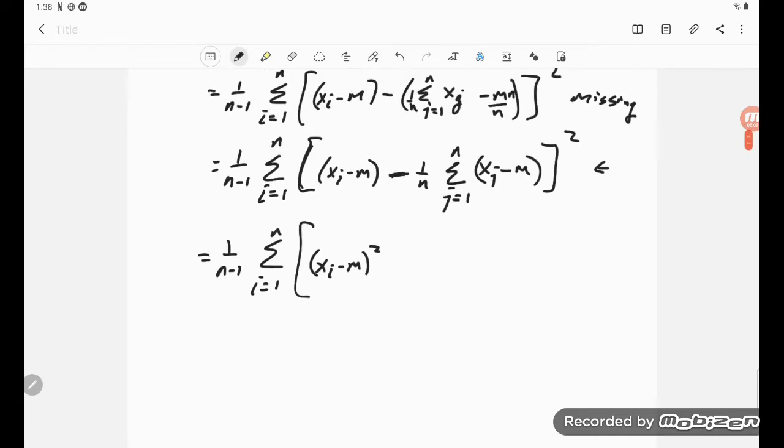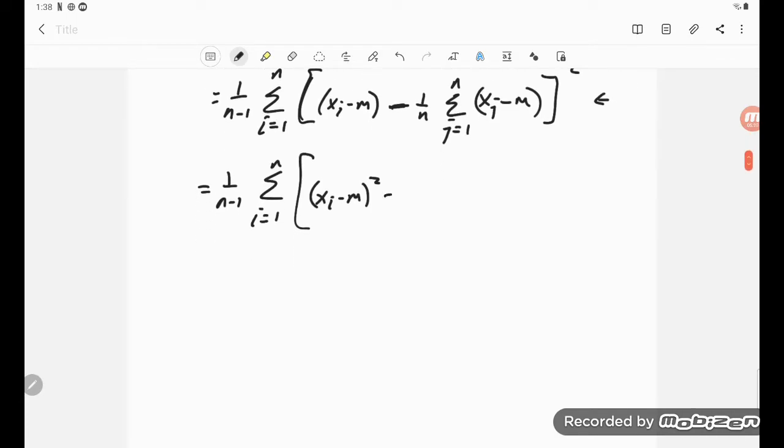And then we'll have minus 2, and it is indeed minus 2, minus 2 over n, xi minus m times the sum j equals 1 to n of the xj minus m. So we have that part, that's the middle term.